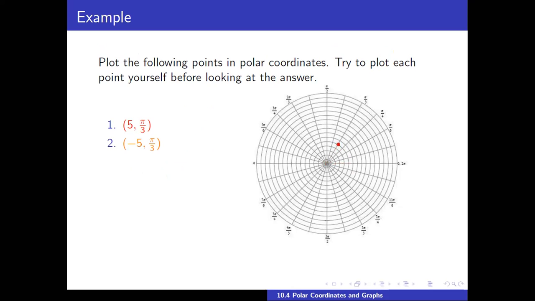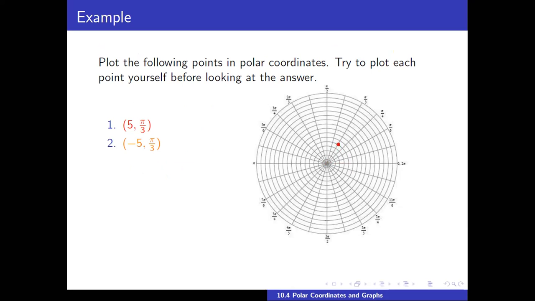Next, what about -5 comma pi over 3? What? I thought we said that it was always distance from the pole. Well, it turns out for convenience, it's nice to be able to allow negative radii. And what that means is, let me draw this.